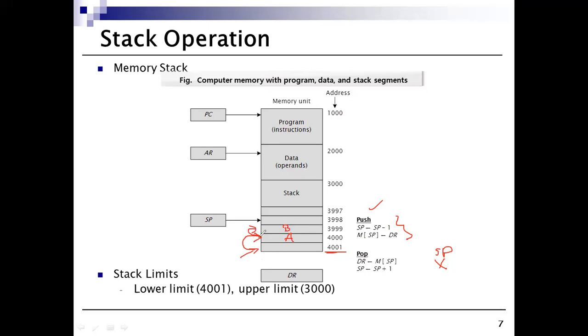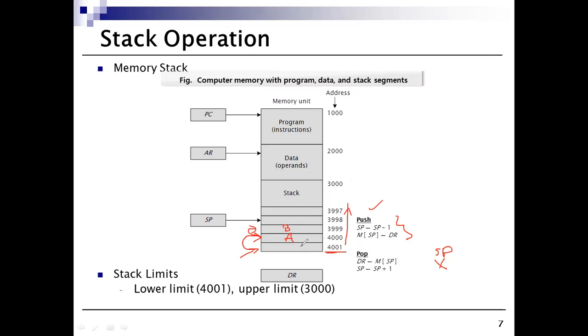If you observe here also, after the push operation, every time the stack pointer is pointing to a filled location. But the difference between register stack and memory stack is that here the stack is growing towards decremental addresses. It's as if it is growing down.